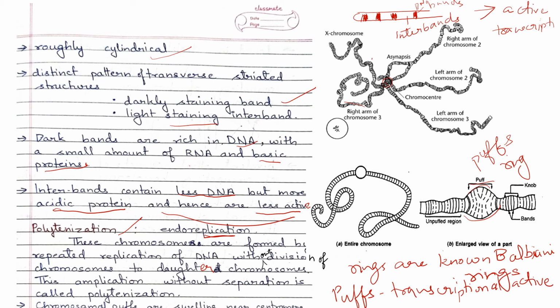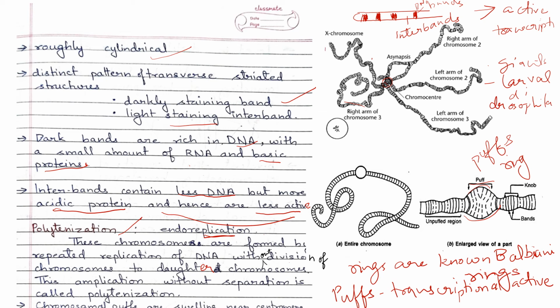What we have seen is that Polyteen chromosomes are giant chromosomes, mainly seen in the larvae of dipterans, mainly in the salivary glands of Drosophila. We study this in Drosophila.